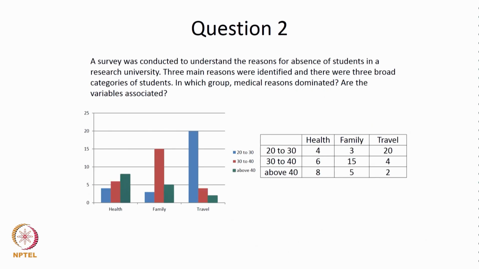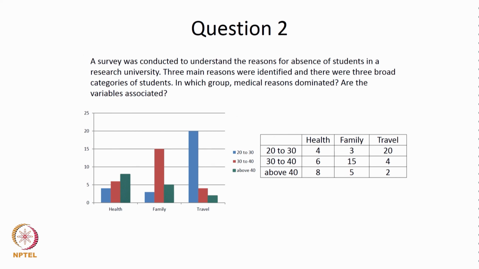Question number 2. A survey was conducted to understand the reason for absence of students in a university. The main reasons were identified, and there were 3 broad categories of students. In which group did the medical reasons dominate? Are they associated? The 3 groups are age groups of 20 to 30, 30 to 40 and above 40, and this is the contingency table.